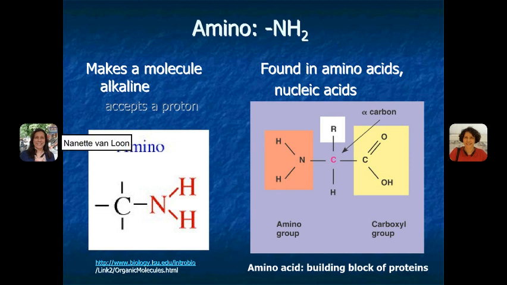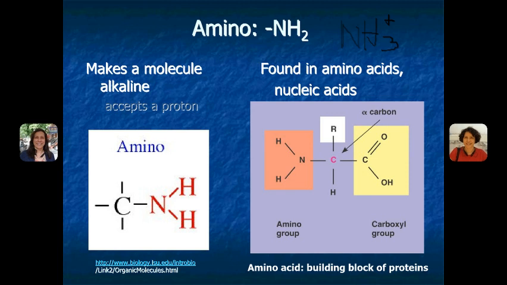The amino functional group, NH2, can make a molecule basic or alkaline by accepting a proton. When an amino group accepts a proton, it becomes NH3+, and that is its ionized form.